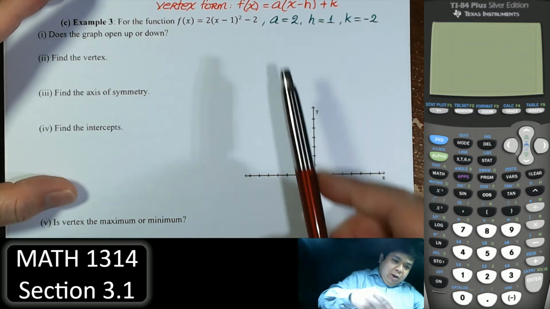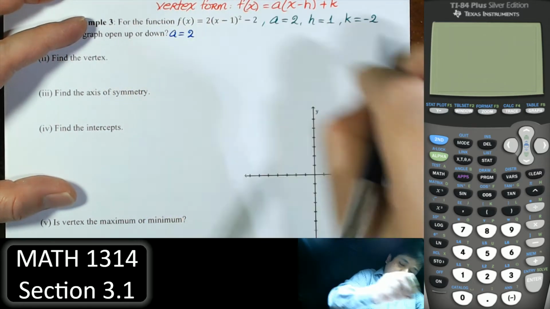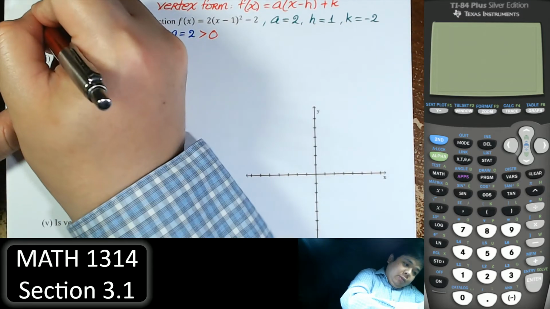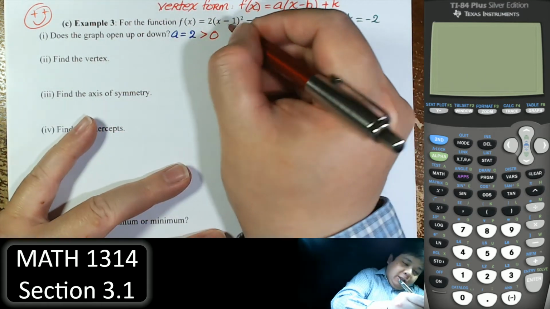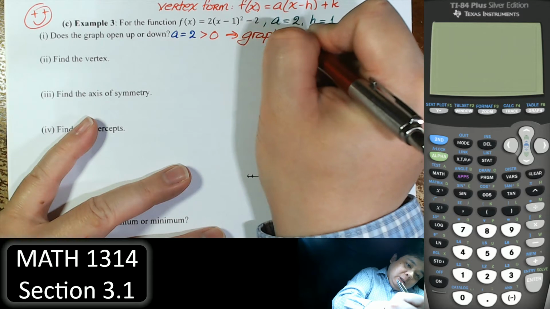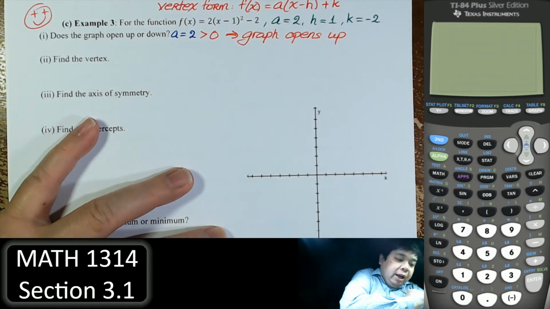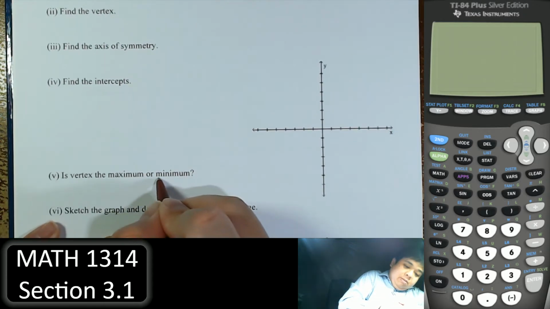Right. Now a is 2, which is positive. The graph opens up. And therefore there's a lowest point, so that will be the minimum.